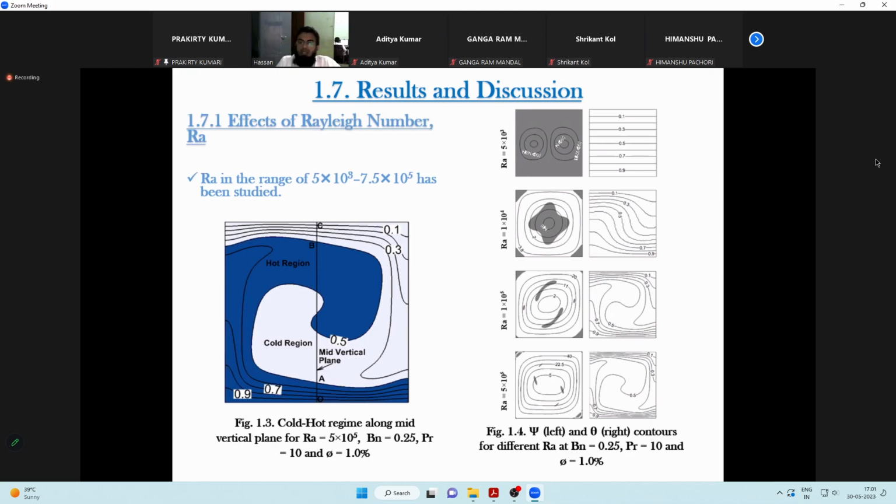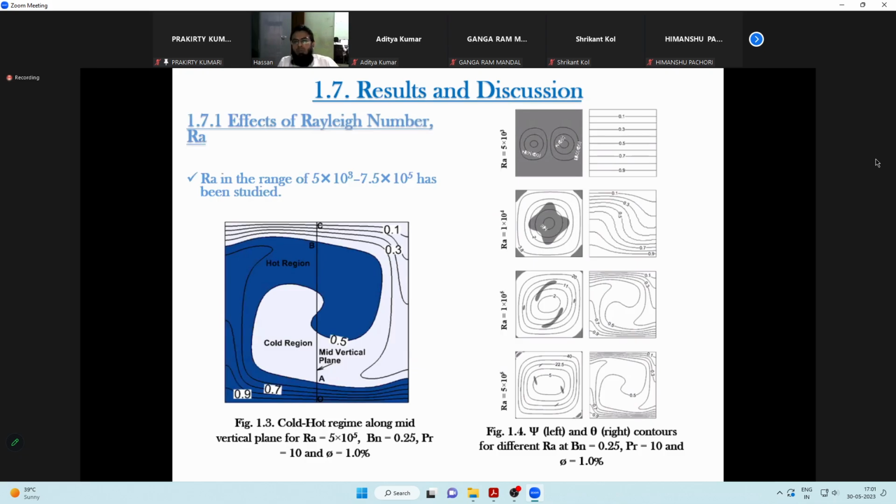If you look at the stream function in the set of figures presented in figure 1.4, on the right hand of your screen, 4 different stream function plots have been represented for Ra varying from 10 to the power 3 at the top to 10 to the power 5 at the bottom, and the difference is quite visible.